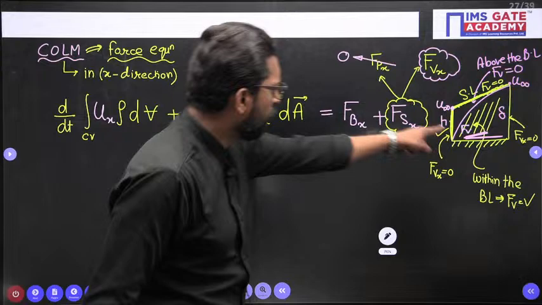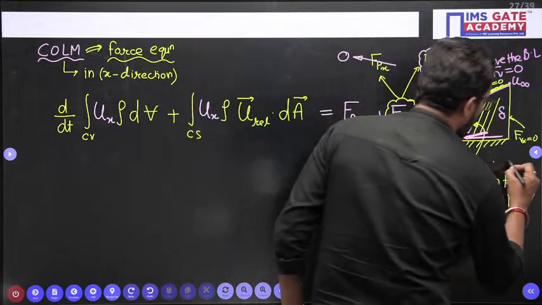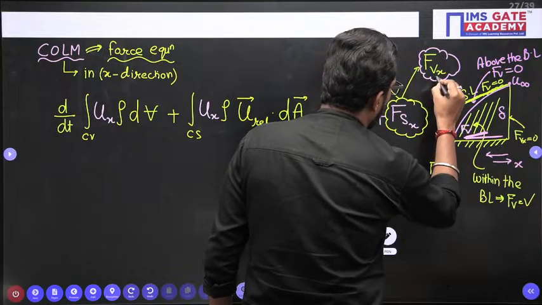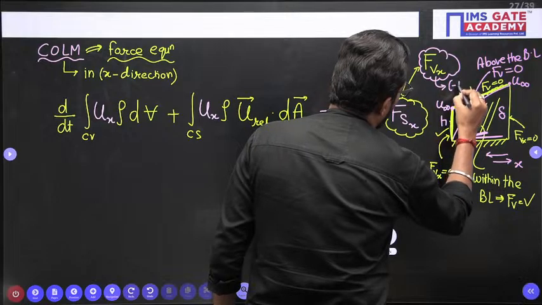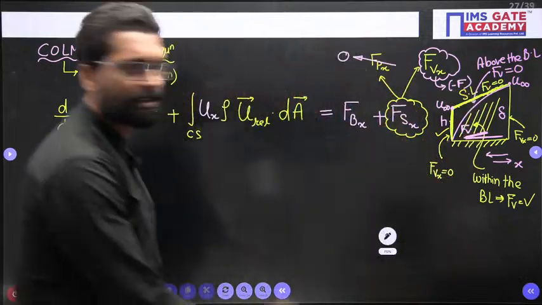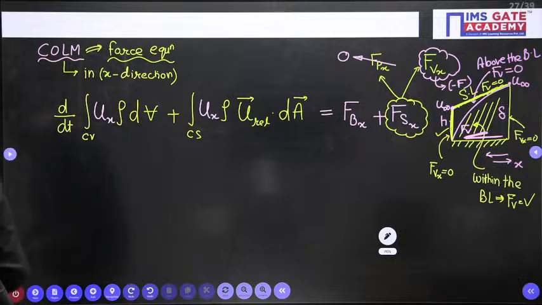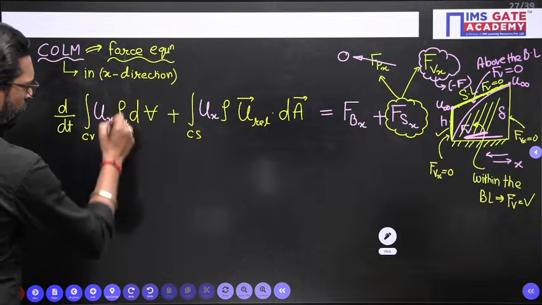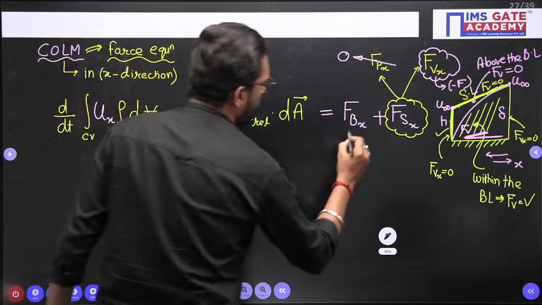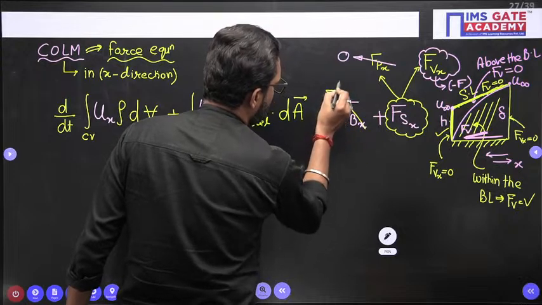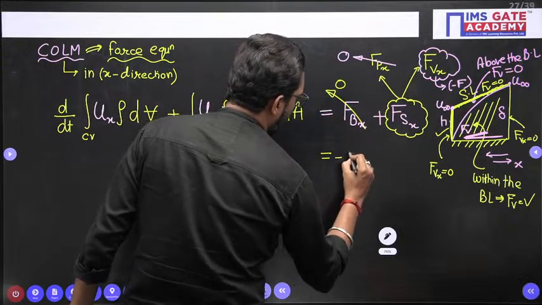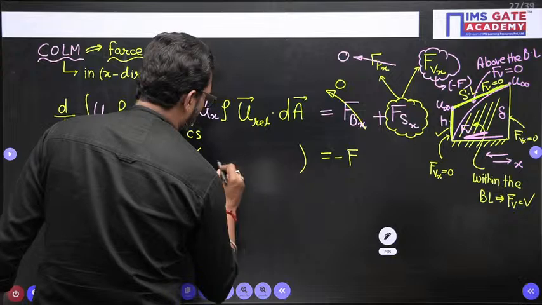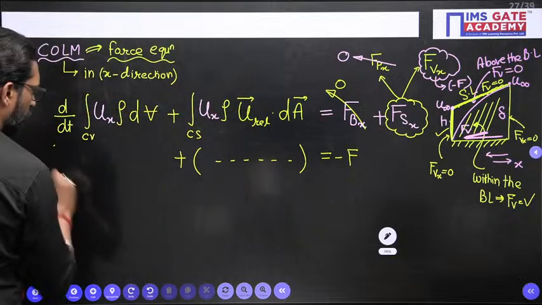This viscous force is opposite to the x direction, so this is only minus F. Clear? Now we have this one. Body force in x direction is 0. So it is equal to minus F. Now you have to calculate this term.